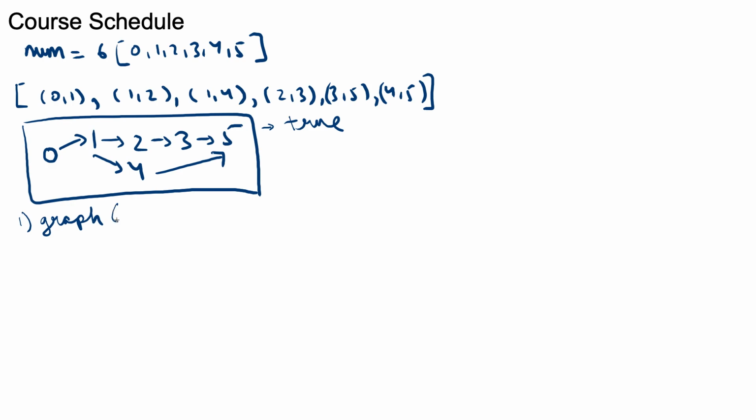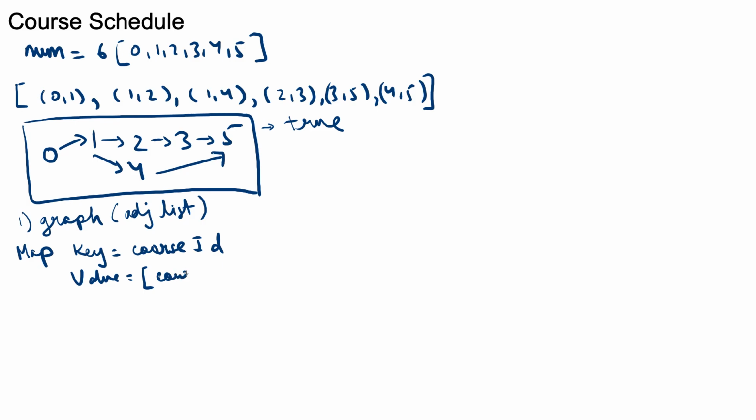So for this example, we will use the adjacency list representation for a graph, which means that you will have a map in which your key will be the course ID and your value will be the dependent courses, on which dependency is there.